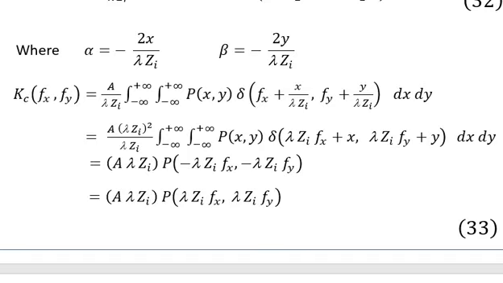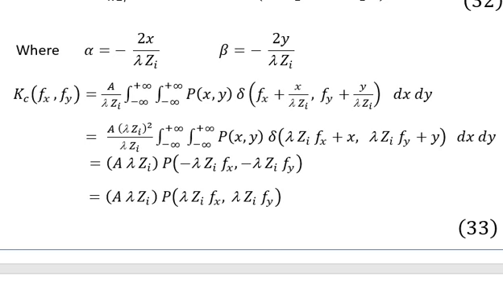To set the arguments of the delta function equal to 0, we have the values of x and y which we have replaced in the pupil function. So now in the pupil function, x and y have been replaced by lambda zi fx comma lambda zi fy, and the integral has vanished because we have used the properties of the delta function there.